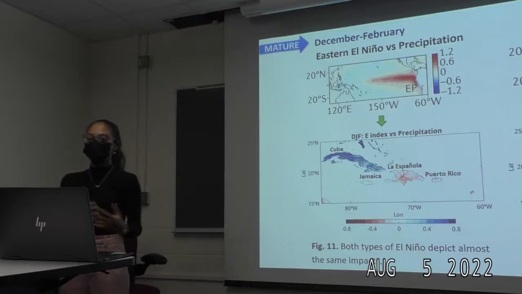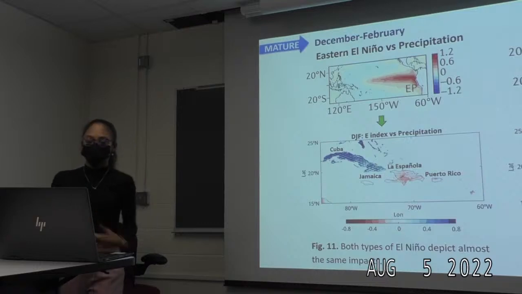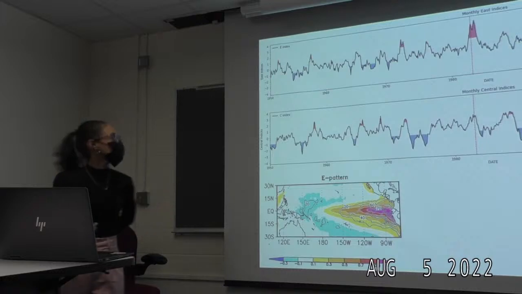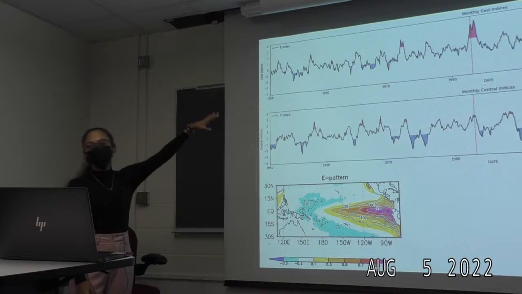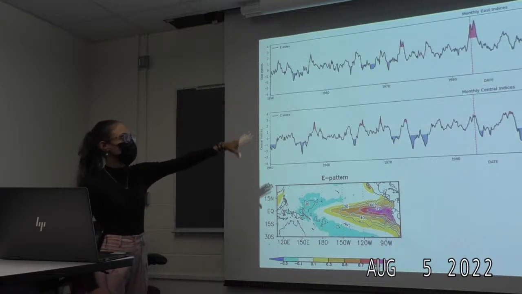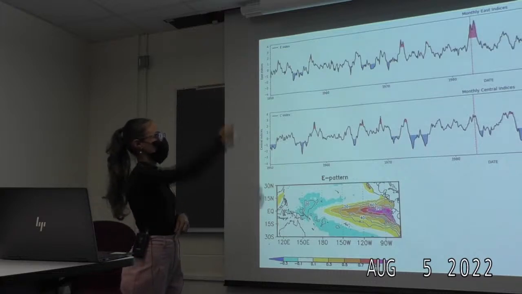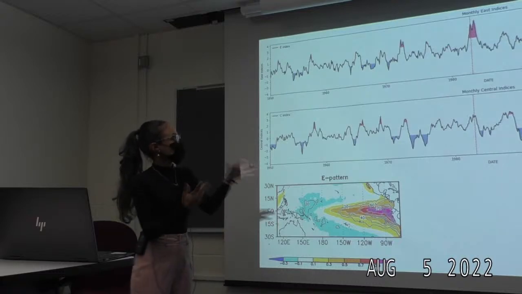So maybe you're questioning if we have more central El Nino and more eastern El Nino. Yeah, how many of each event do you have? Okay, so I have a figure over here, and this is the monthly indices. The top is the eastern El Nino, and the other one is the central El Nino. I don't know if you can see the red lines that go up to bottom, and it's kind of a mix.